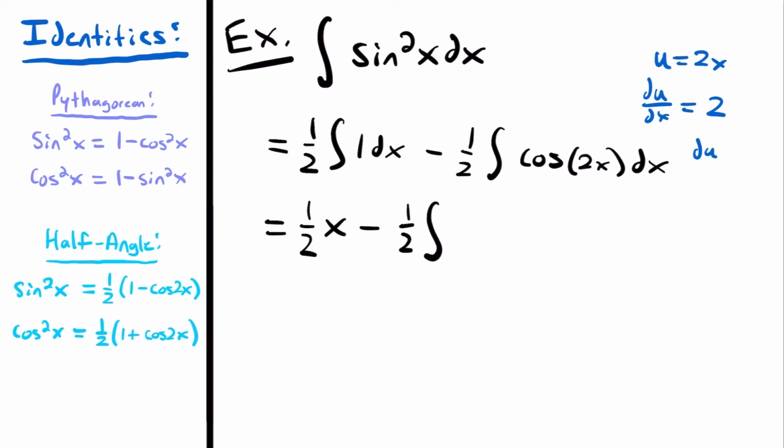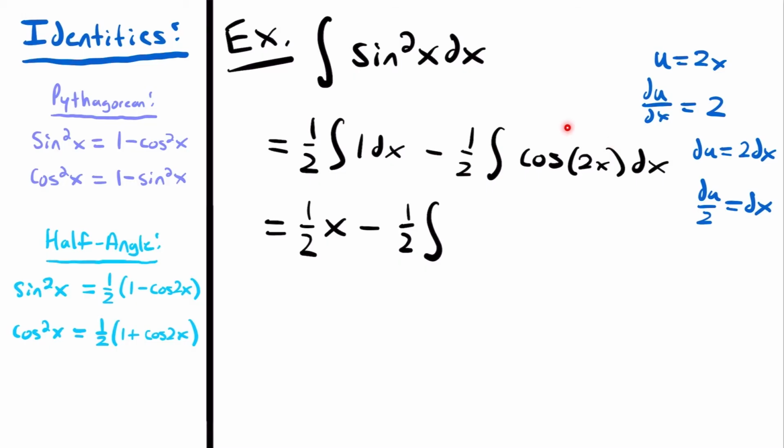And so du is equal to 2 times dx if we solve for du by multiplying both sides by dx. Whatever du is equal to, we want to be able to find within our integral. I see dx right here, but I don't see a 2, so I'm going to divide both sides by 2, and we'll have du divided by 2 is equal to dx.